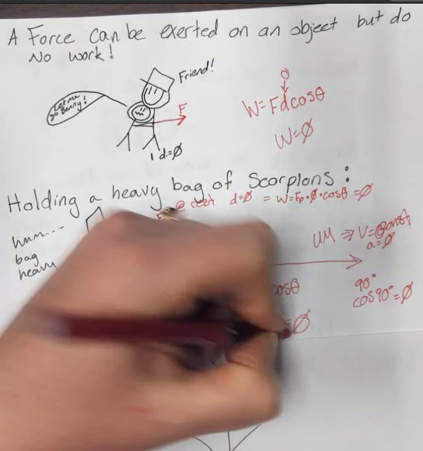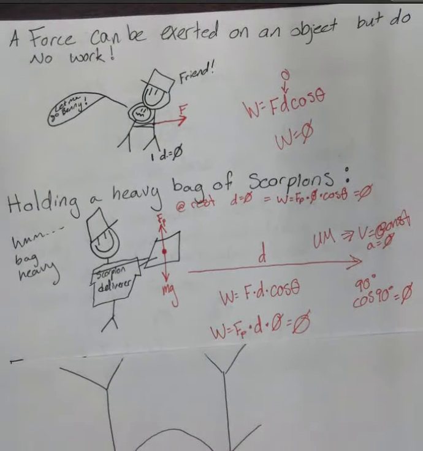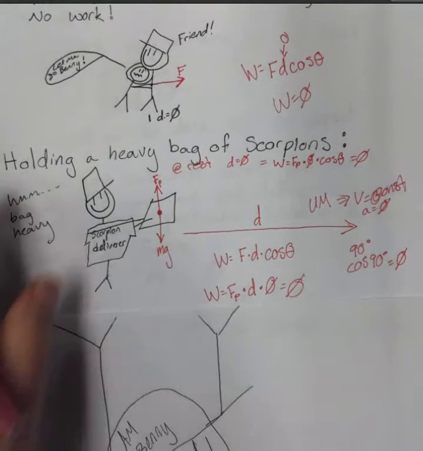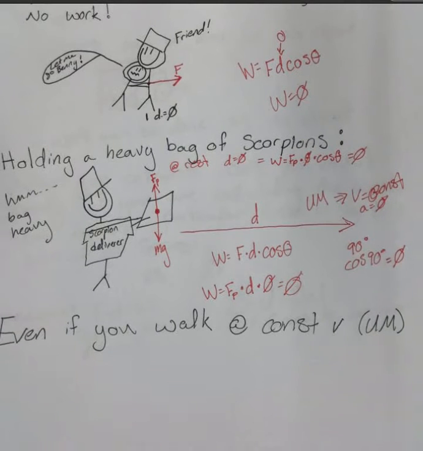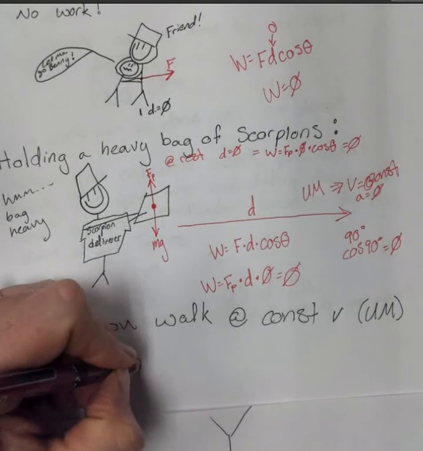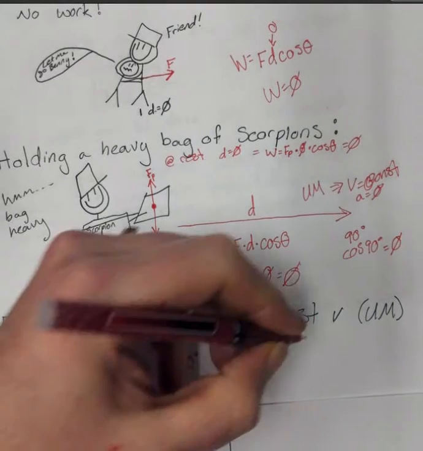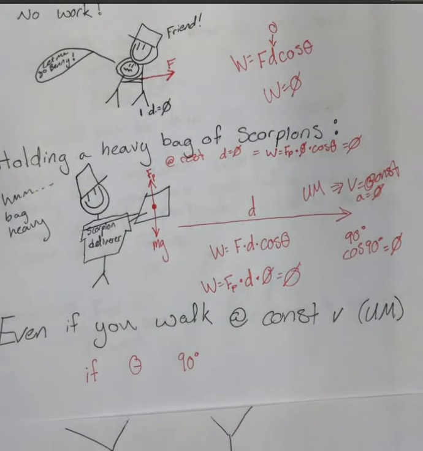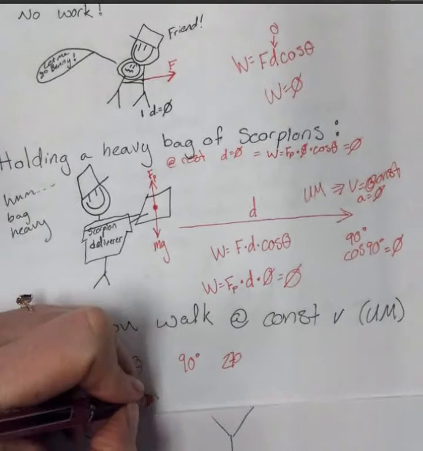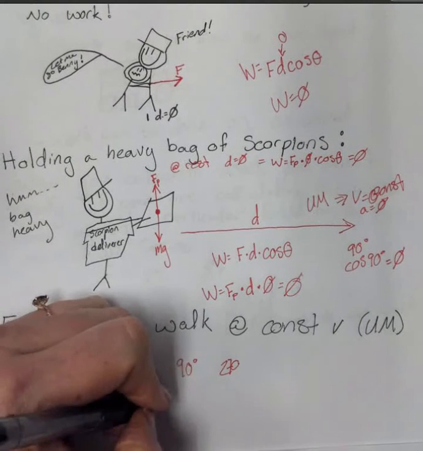So therefore, even though Benny was holding the bag up, he was applying a force. That force did no work on the object because that force was not in the direction that the object was displaced. So even if you walk at a constant velocity, if the angle is 90 degrees, or likewise 270 degrees, so that would be relative to the distance or the displacement.